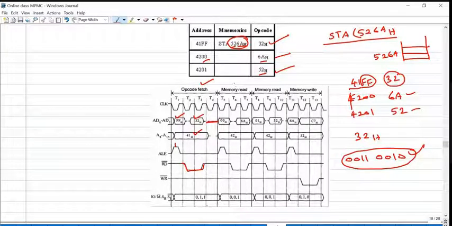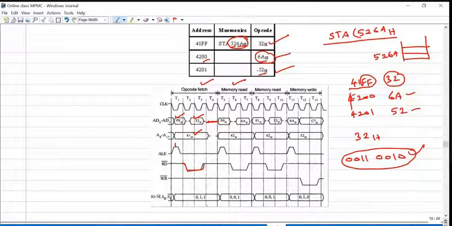So the next machine cycle here is memory read. You got the concept? Once the processor reads the opcode 32H, it will understand the accumulator content must be stored in a 16-bit address. So what is the address? That address information is available in the next two immediate address locations, 4200, 4201. From 4200, the processor will read 6A.